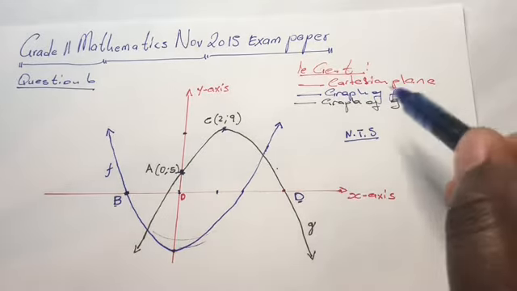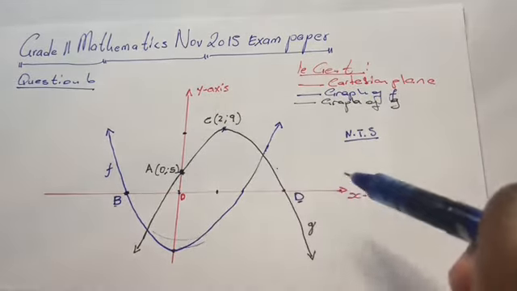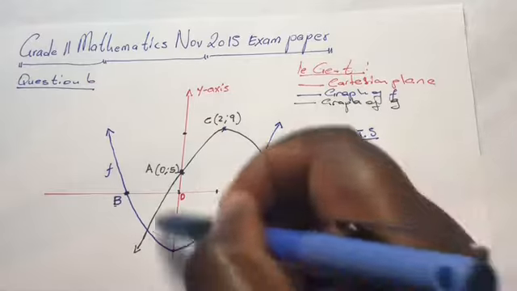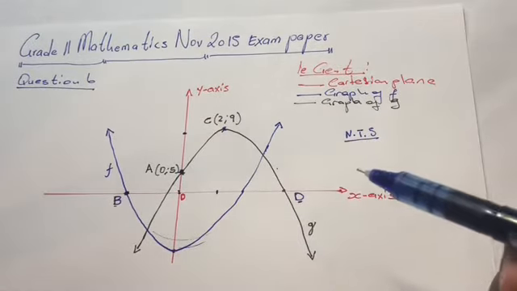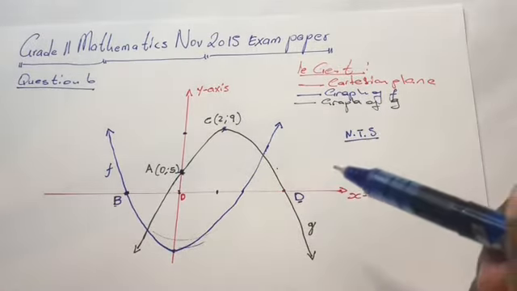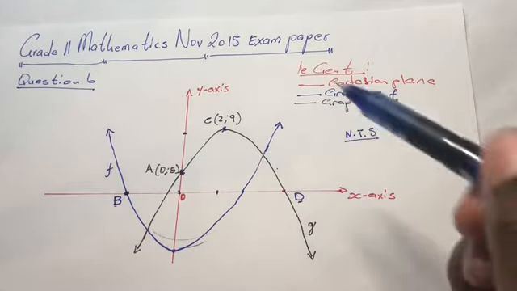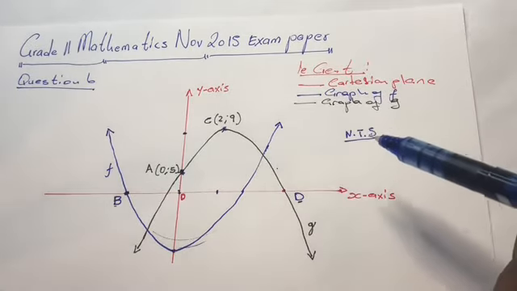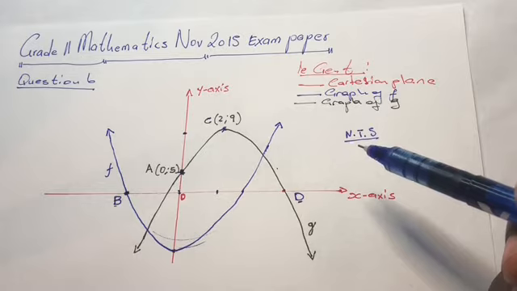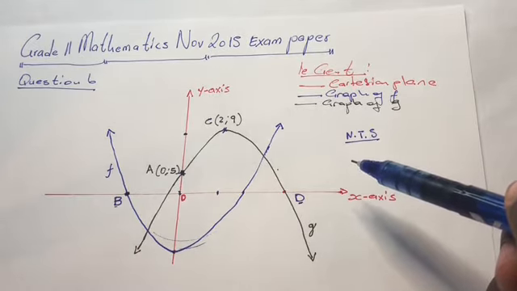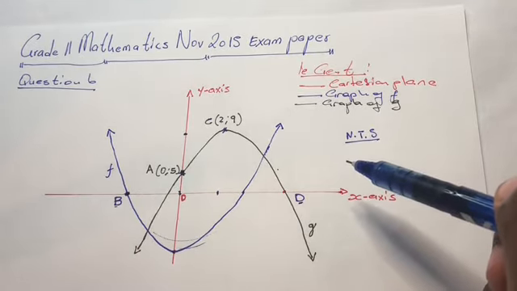That's why I'm saying this graph is not drawn to scale. I drew it by hand, trying to redraw what's drawn on the question paper so that I can explain to you how to interpret the functions. So far so good.